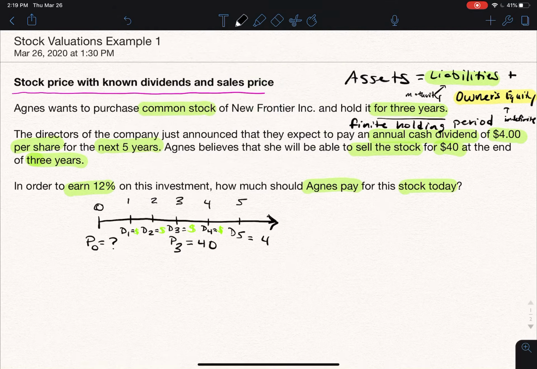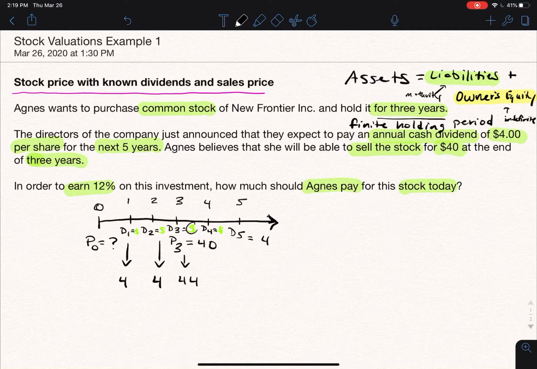So I'm just going to drop these down. I'm going to get $4 here, $4 here. I'm also going to get $4 here, but I'm going to sell at that same point for $40. So in year 3, I'm actually expecting to get a return of $44 in that year, right?